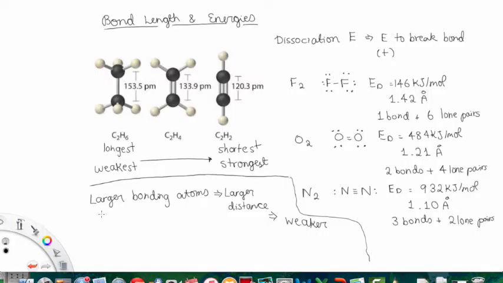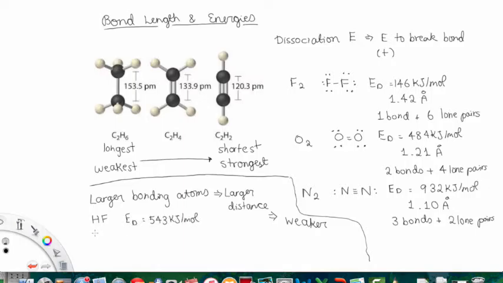An example of this would be HF, which has a dissociation energy value of 543 kilojoules per mole.